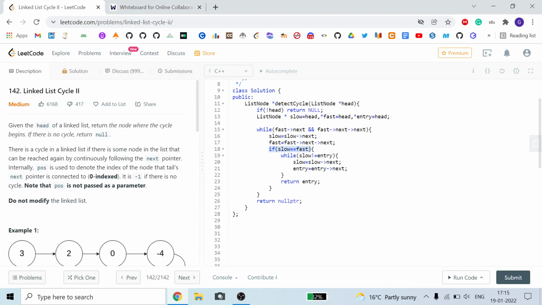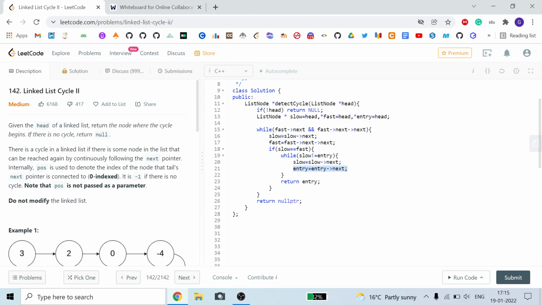So when we iterate with a pointer where slope is equal to fast, we make our entry equal to head, and while our slope pointer is not equal to our entry, we iterate them to their next pointer respectively.